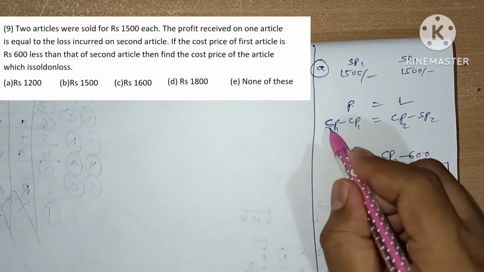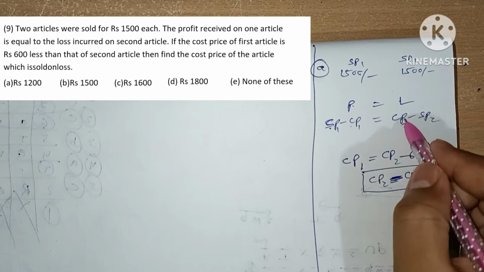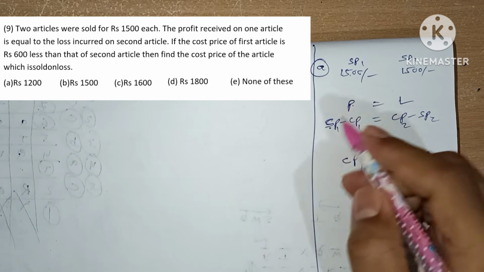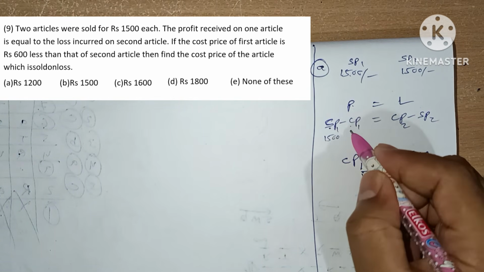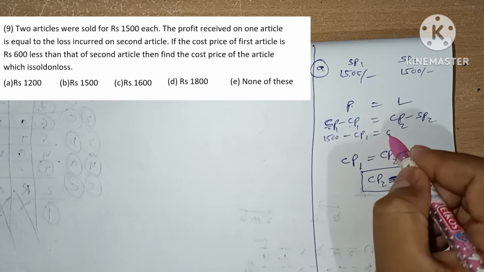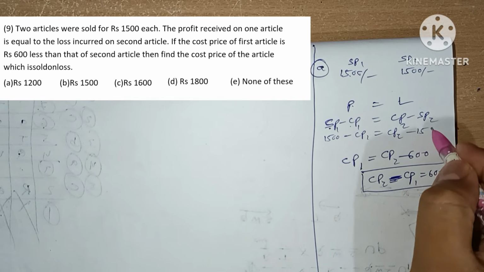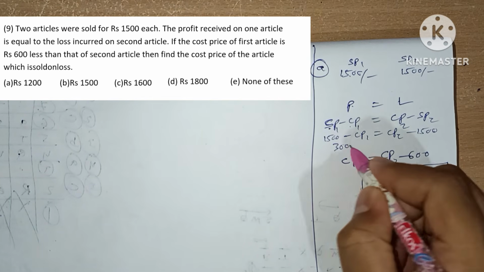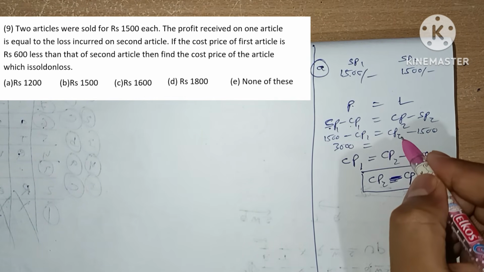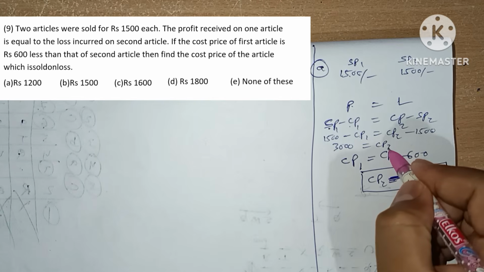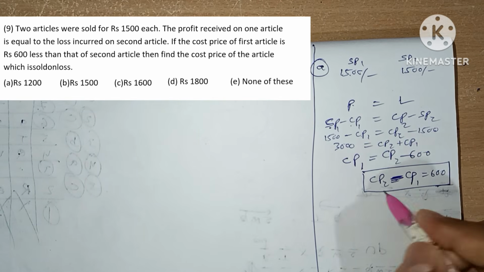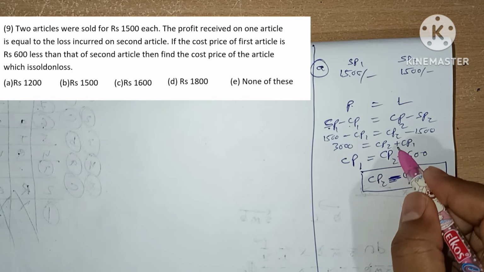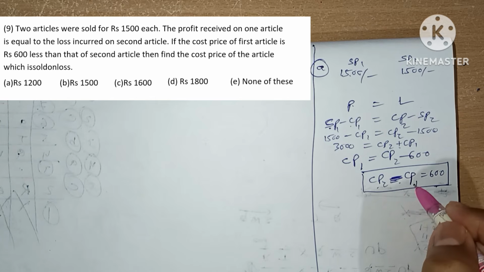Here we have SP1 minus CP1 equals CP2 minus SP2. SP1 value is 1500 minus CP1 equals CP2 minus 1500. 1500 comes this side, so 1500 plus 1500, 3000 equals CP2 plus CP1. So we have the CP2 plus CP1 value and the CP2 minus CP1 value.